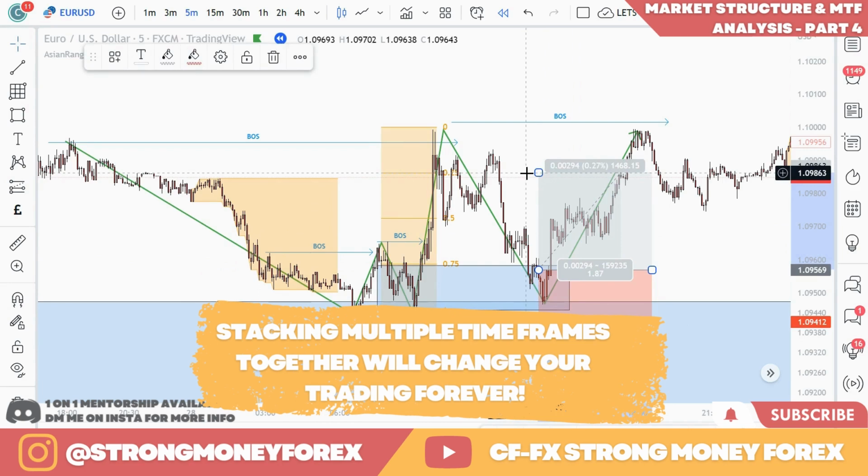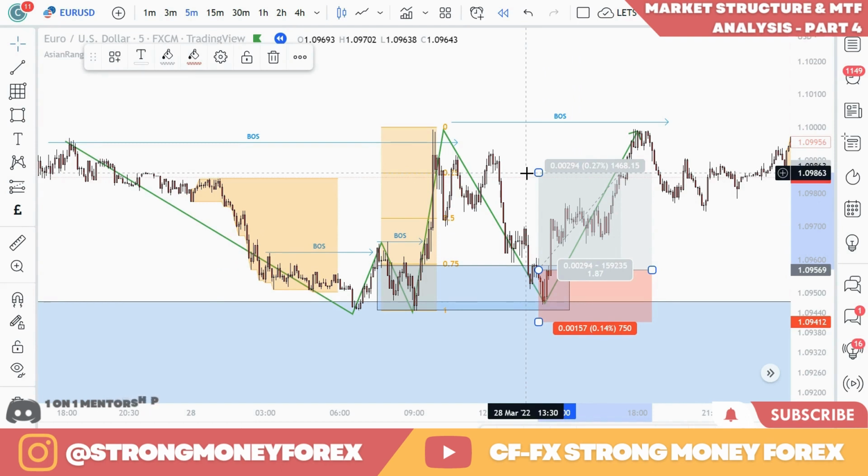So if we're looking for buys on a higher time frame, I want the medium time frame, something like the 15-minute, breaking structure to the upside from a discount area. I then want a lower time frame, 5-minute or the 3-minute, for example, breaking structure to the upside from a discount area. Then we've got 3 time frames all doing the same thing. The probability of these trades winning is then much, much higher. And it's as simple as that.